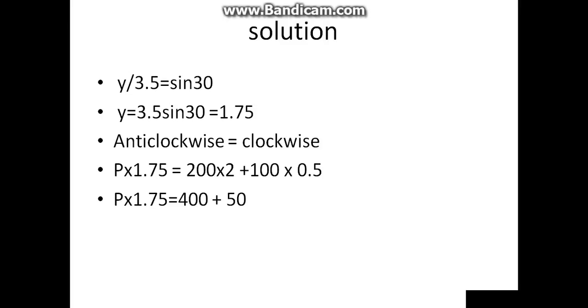Then P times 1.75 equals 200 times 2, which gives 400, plus 0.5 times 100, which gives 50.